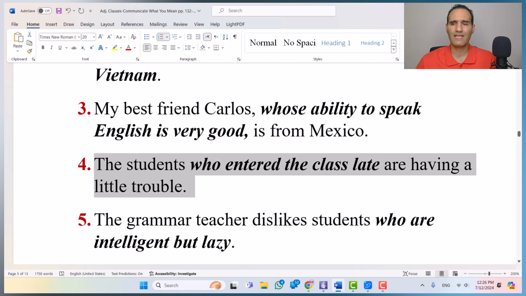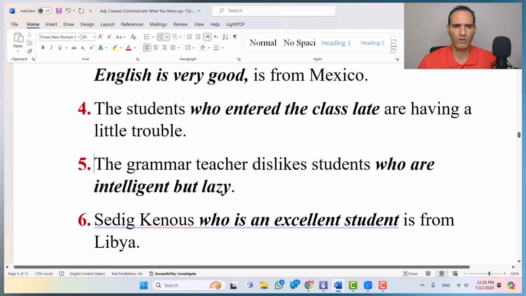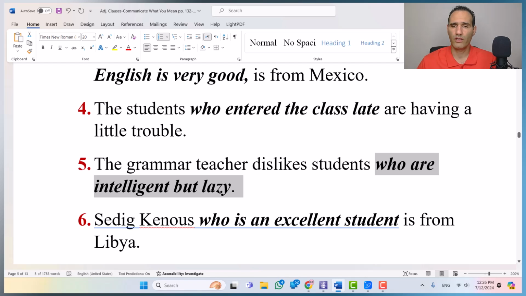Do all the students have trouble? No, just a part of them. And that means necessary adjective clause, selecting a group from a whole. The grammar teacher dislikes students who are... Does the teacher dislike all the students? Not all, just some of them. And that means necessary adjective clause.